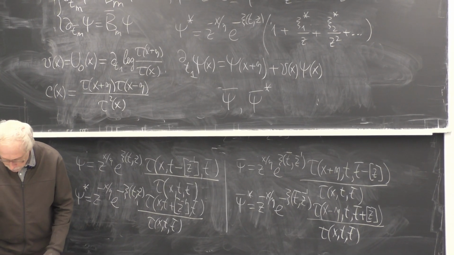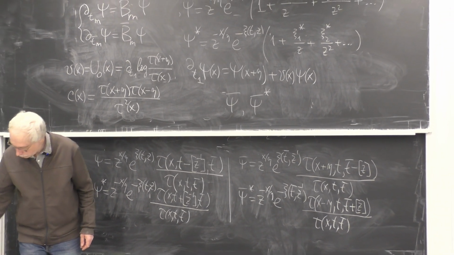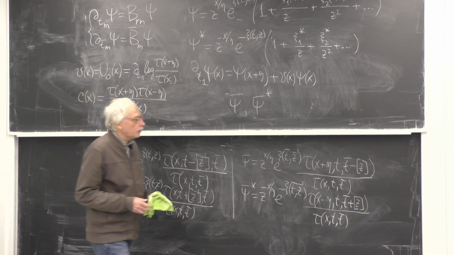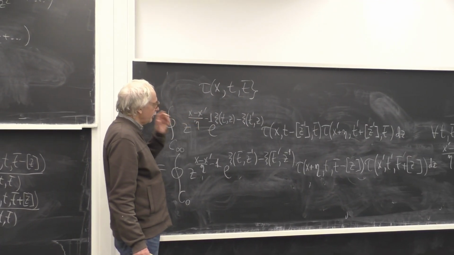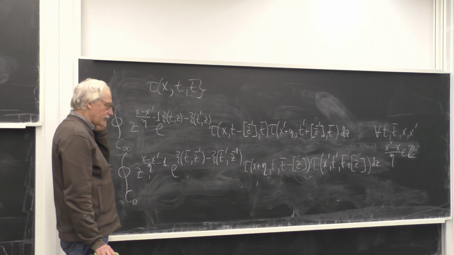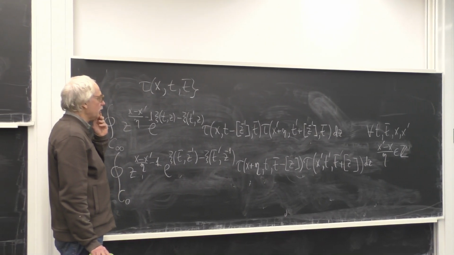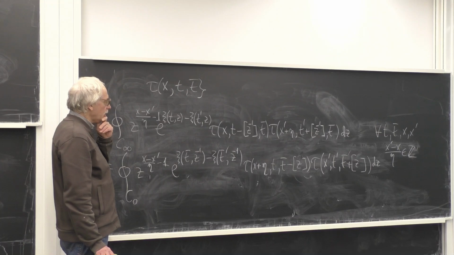And we will also need the following identity, which is obtained from this in a way similar to what we had for the KP hierarchy.